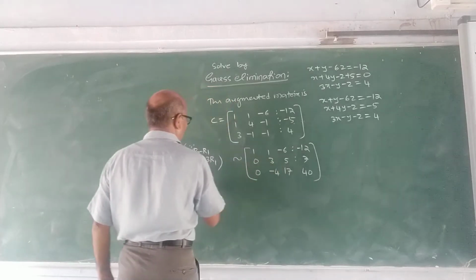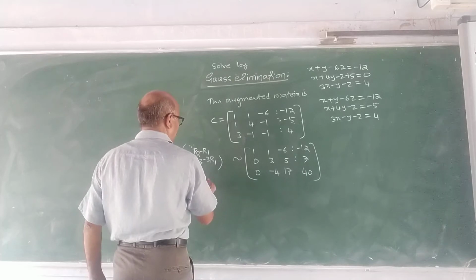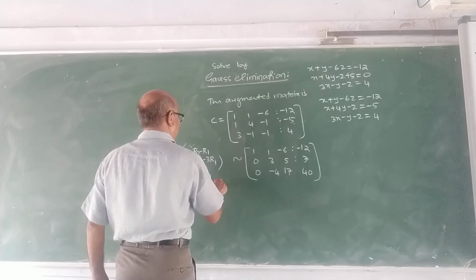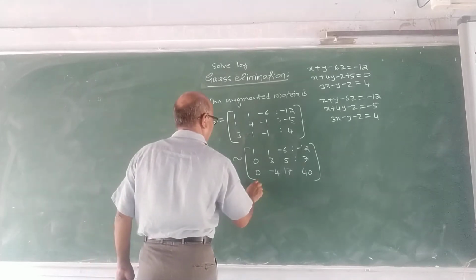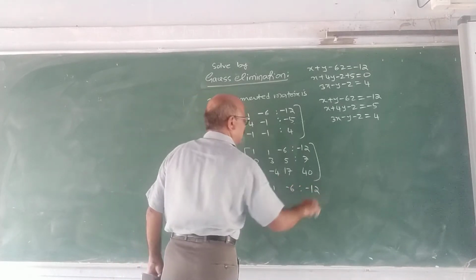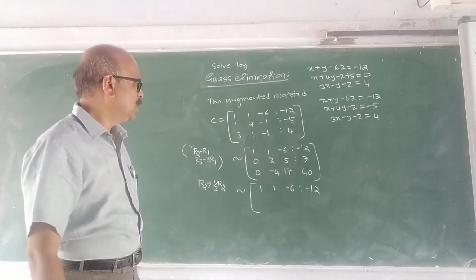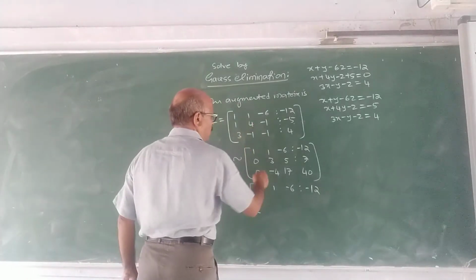Next, you make this leading element 1. For that, R2 becomes 1 by 3 R2. I think the method is clear to all of you. We reduce this to triangular form.